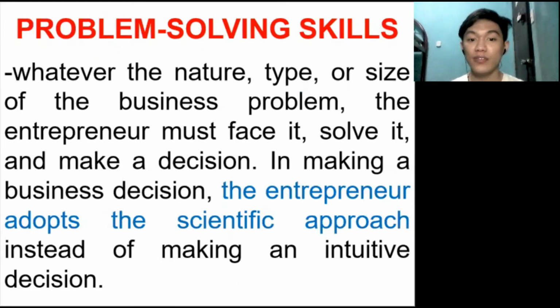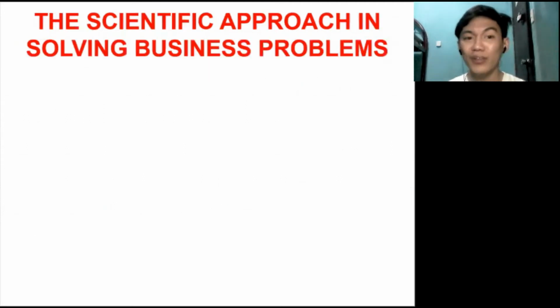In making a business decision, the entrepreneur adopts a systematic approach instead of making an intuitive decision. Okay? So ano yung tawag dun sa systematic approach na yun? Yun yung tinatawag nating the scientific approach in solving business problem. So sa science, meron tayong mga scientific method na tinatawag. Dito sa business, meron tayong tinatawag na the scientific approach in solving business problem.